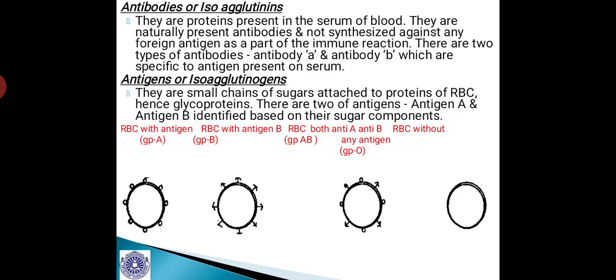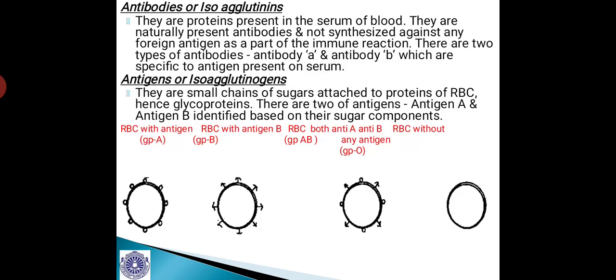There are 2 types of antibodies, antibody A and antibody B, which are specific to antigens. Coming to antigens or isoagglutinogens, they are small chains of sugars attached to proteins of RBCs, hence they are glycoproteins. There are 2 types of antigens, antigen A and antigen B, identified based on their sugar components.